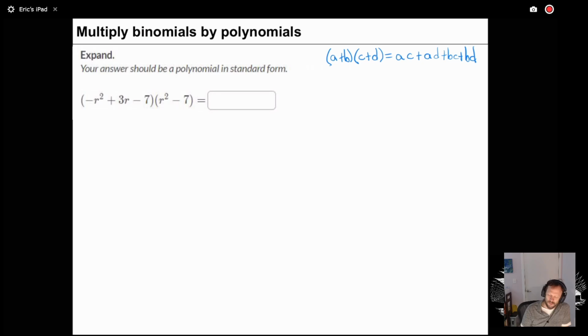And we're going to call this FOIL. We're going to take some time to prove that this is true because the question might be, why does it work?